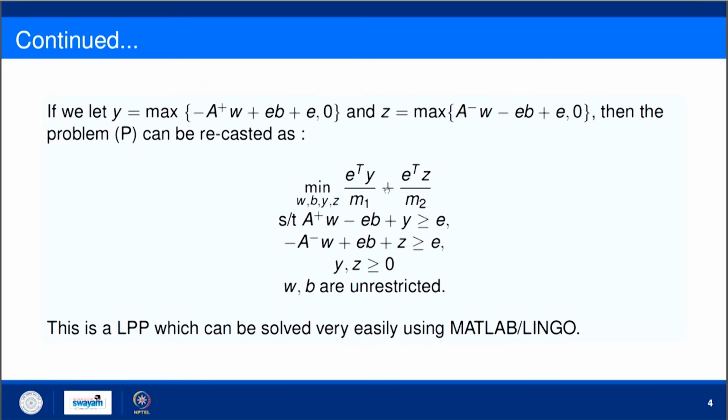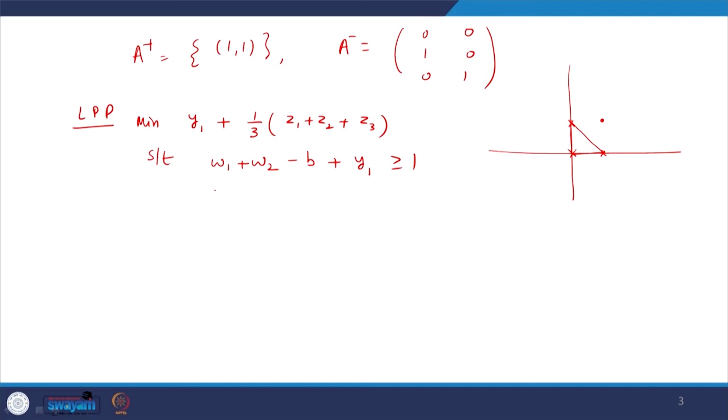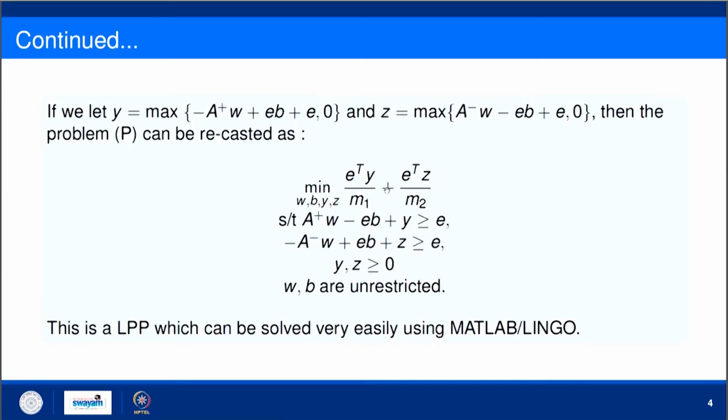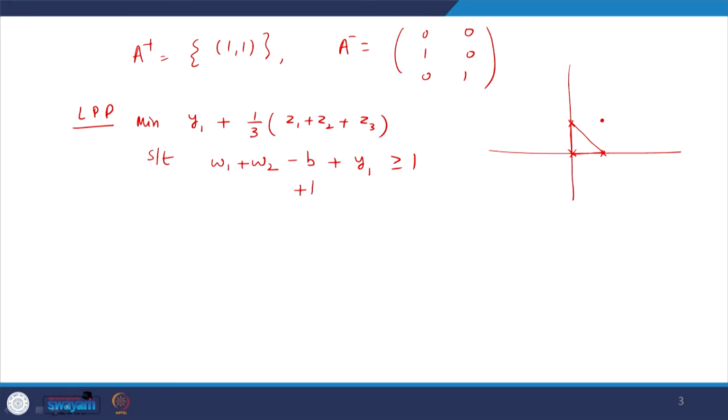Next is minus A minus W. Now, when you multiply this first point with W1 W2, it will be 0, so that will not come. So, that will be plus E B, that means B plus z1 greater than or equal to 1.